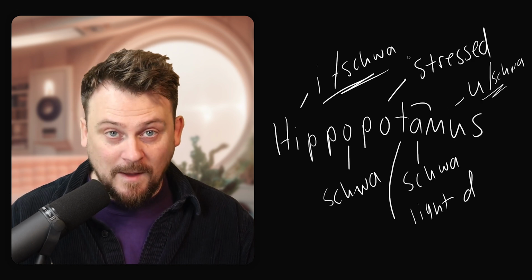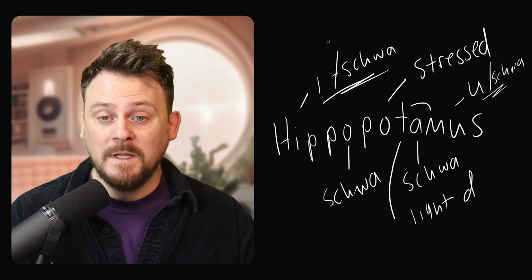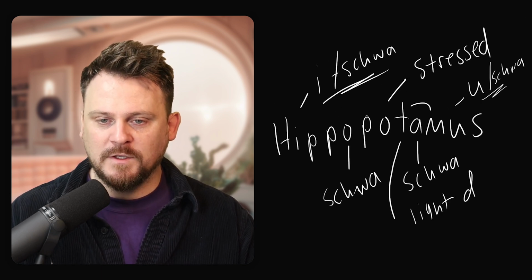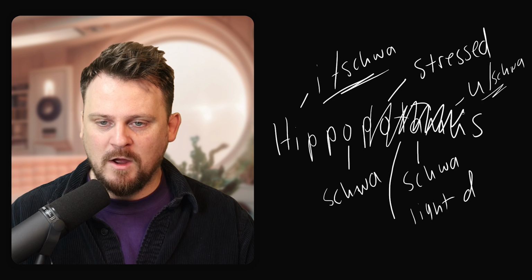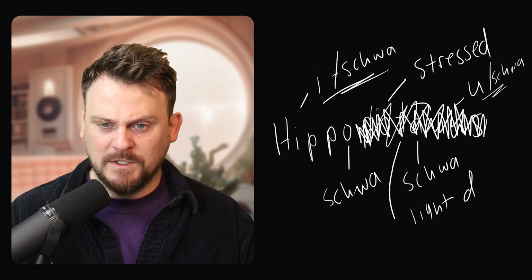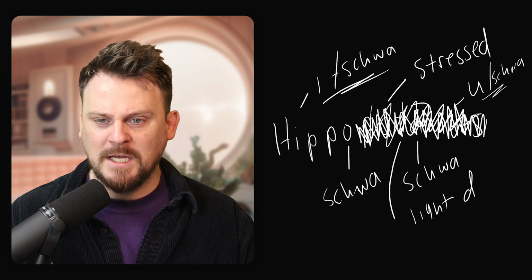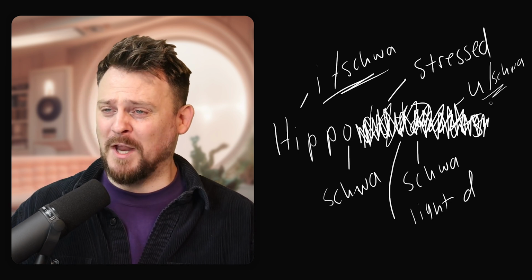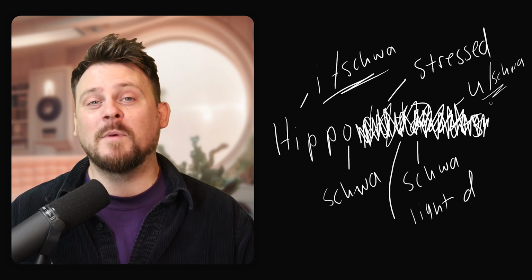Now, the interesting thing about this is, if we do the abbreviated version of this word, which is hippo, which is what people often say when they see a hippopotamus jumping out of the river and chasing them down, they don't say, "Oh no, I'm being chased by a hippopotamus." They say, "I'm being chased by a hippo."